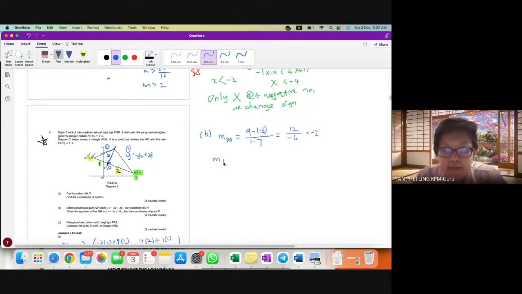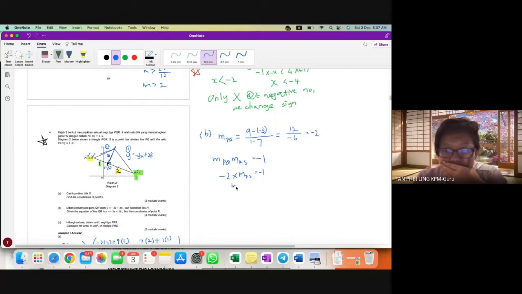So MPQ times MRS is going to give me negative 1. Okay, sorry. So MPQ will be negative 2 times MRS to give me negative 1.